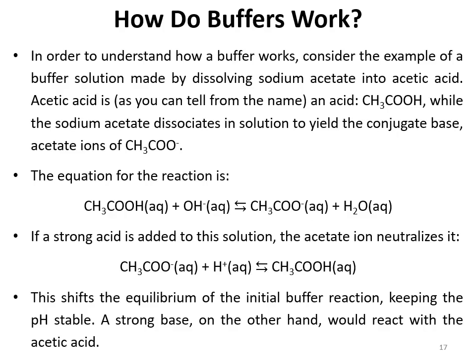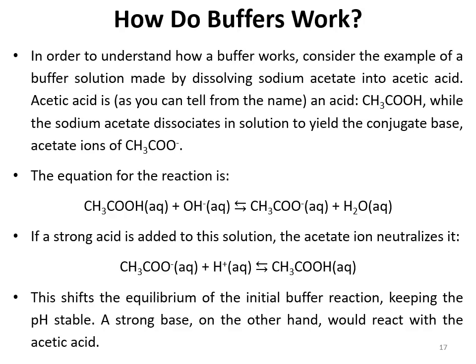So acetate ions are present in the solution. The equation for the reaction is as you can see. The acid in the presence of hydroxyl ion reacts to form acetate ion and water.